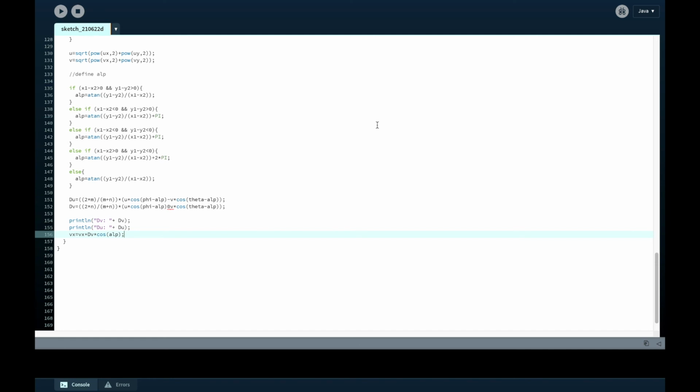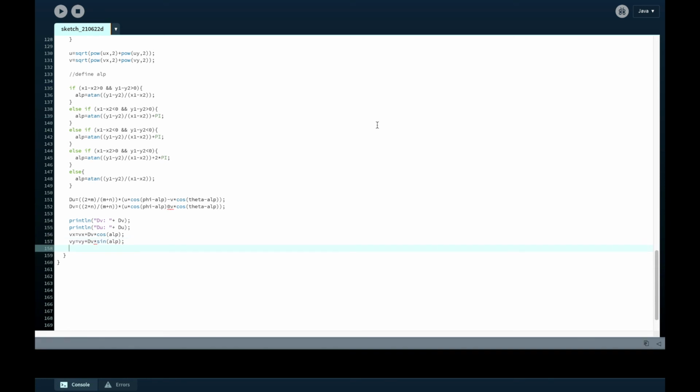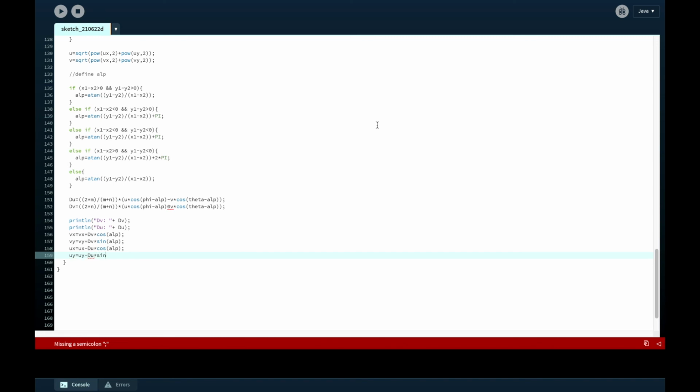But because v is my first object, I'm going to set that as positive, so plus dv times cosine again, and vy is vy plus dv times sine of alpha, and then ux is ux minus du times cosine, and uy is uy minus du times sine of alpha.